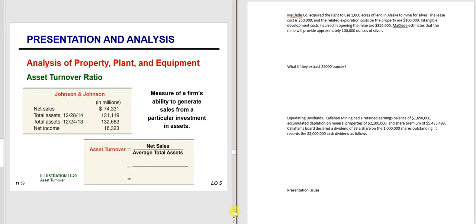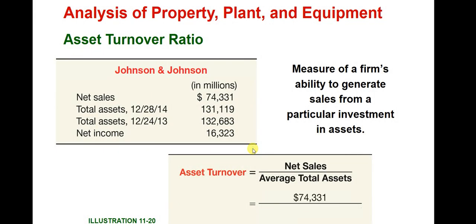Then you have the asset turnover ratio. Asset turnover ratio is net sales divided by average total assets. So let's look at this one for a second. I guess I need to make it large here. Okay, so I started the year with $131,000 of assets, and I ended the year with $132,000 of assets. So I just average them to get my average assets for the year, 131.5, or more specifically, whatever that is.